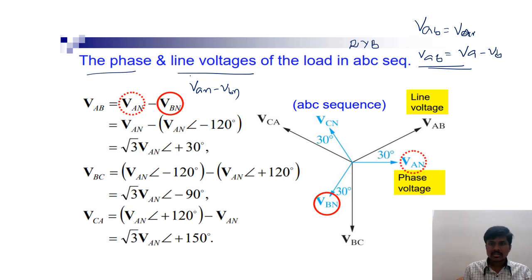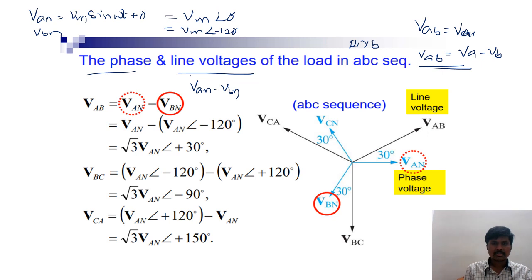Phase voltage. So here you can consider VAN is equals to Vm sin omega t. That means here the phase angle is 0. This you can write as Vm at an angle 0 degrees. Right? Next VBN is equals to Vm at an angle 120 degrees.